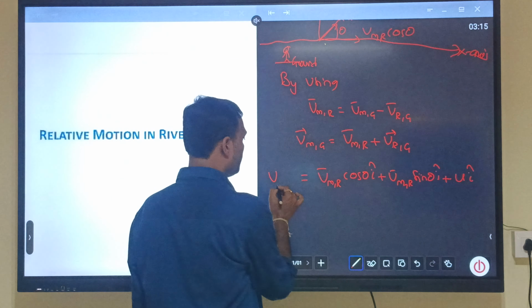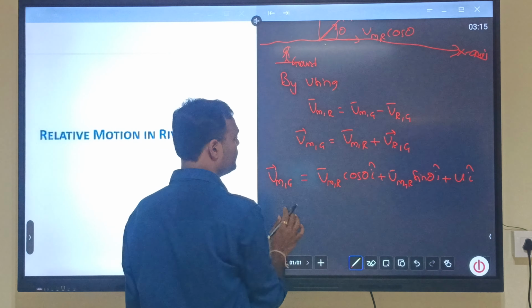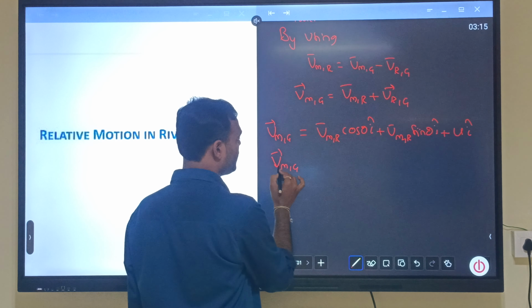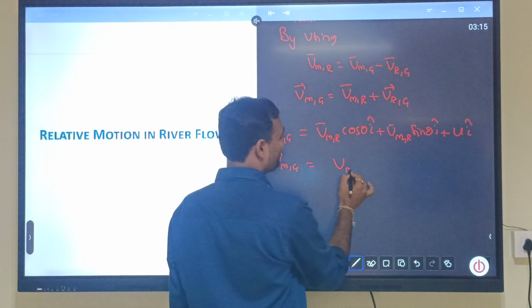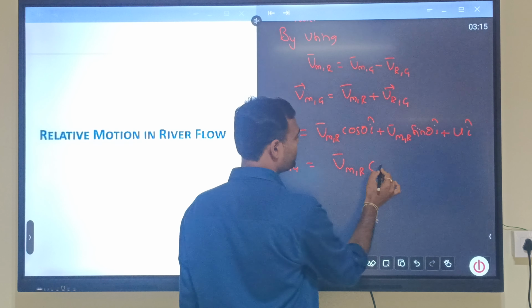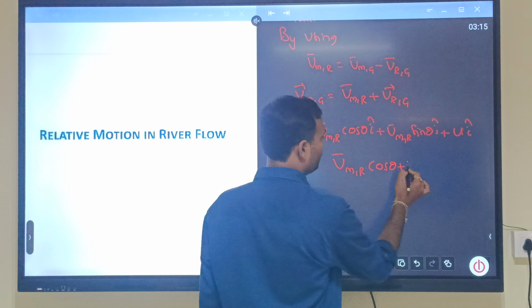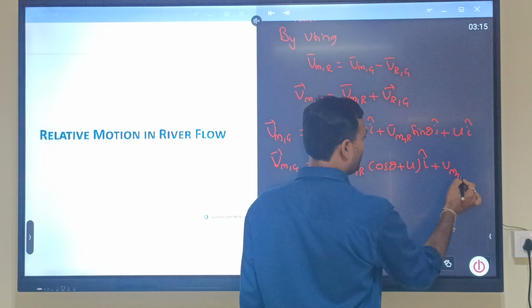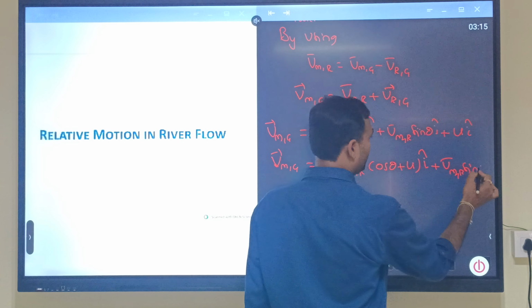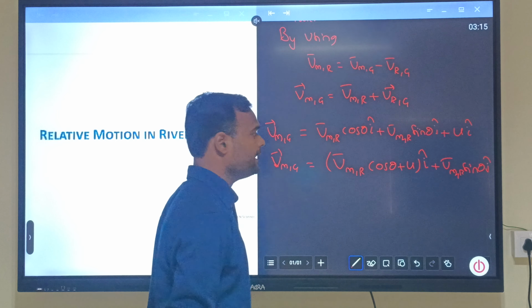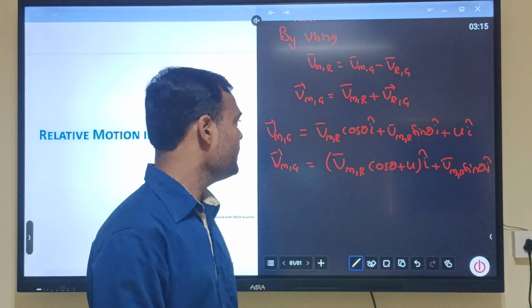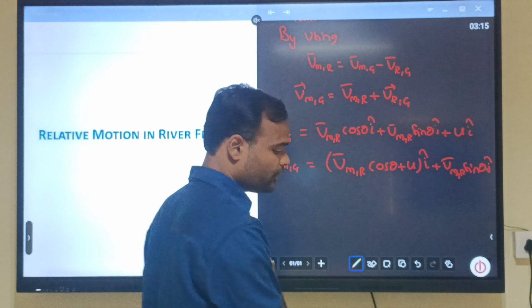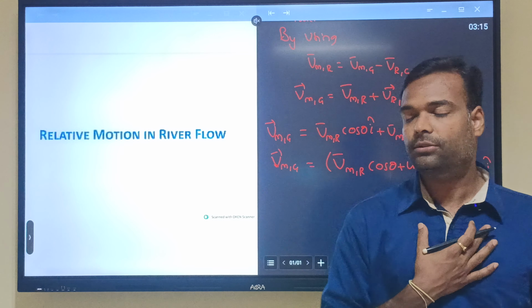So this is the velocity of man with respect to ground: velocity of man with respect to river cos theta plus u, i, plus velocity of man with respect to river sin theta, j. This is the velocity of the man with respect to the ground. Clear?